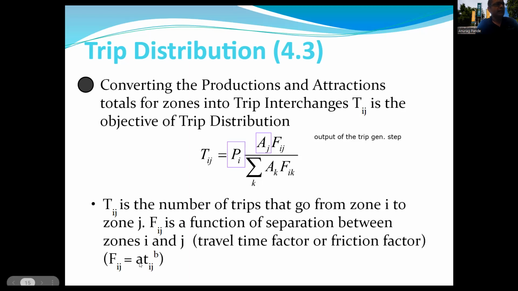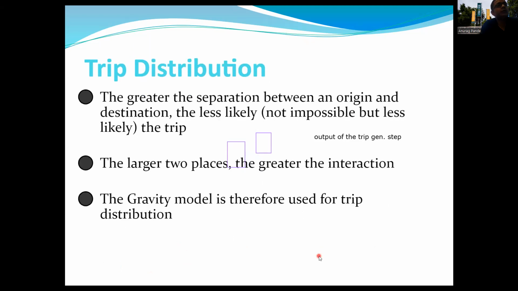Fij is defined as a constant times the travel time, where small tij represents the travel time between zone i and zone j, raised to power b. The exponent b is how sensitive your productions and attractions are to travel time. Sometimes we call Fij a friction factor, sometimes a travel time factor.